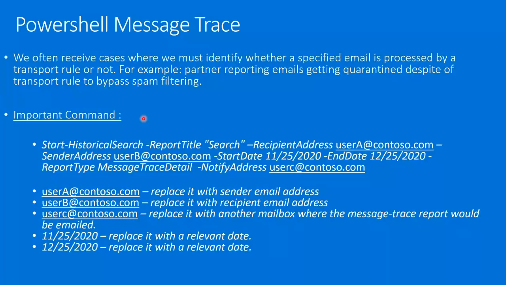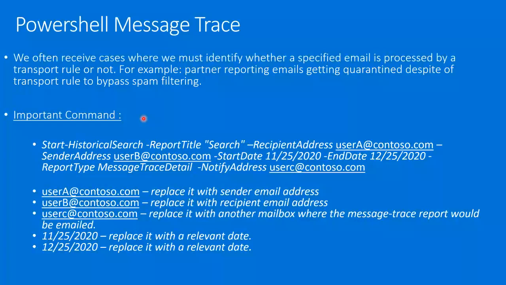To run a historical search, you just need to use Start-HistoricalSearch with MessageTraceDetail as the report type. This is the PowerShell way of doing it. Or you can go to your Exchange Admin Center or Security and Compliance Center and enable the option detail message trace, which will give you the information.